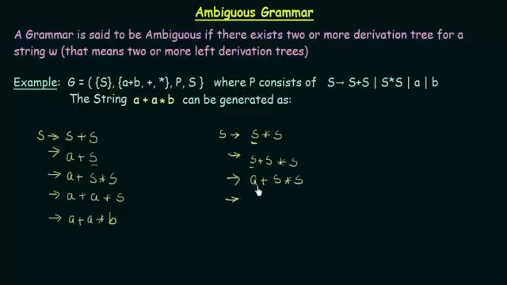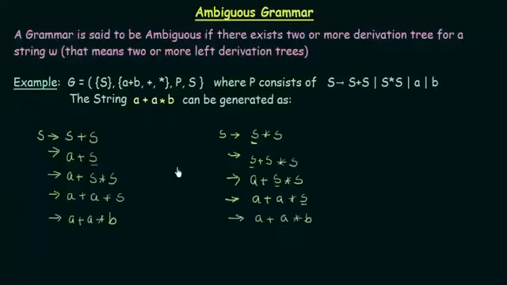Now the next S I replace with a again: a plus a into S. Then this final S I will replace with b because S can give b. So a plus a into b. Now I am getting my string a plus a into b, which is the string I wanted to generate.